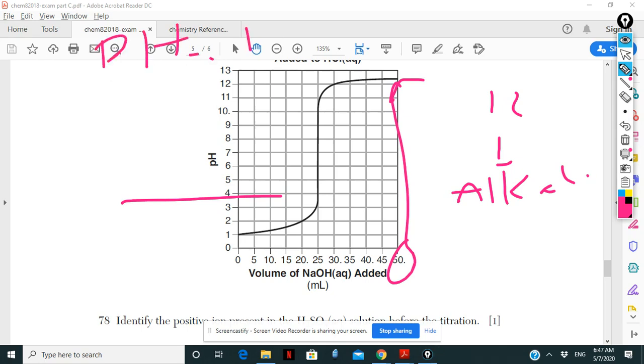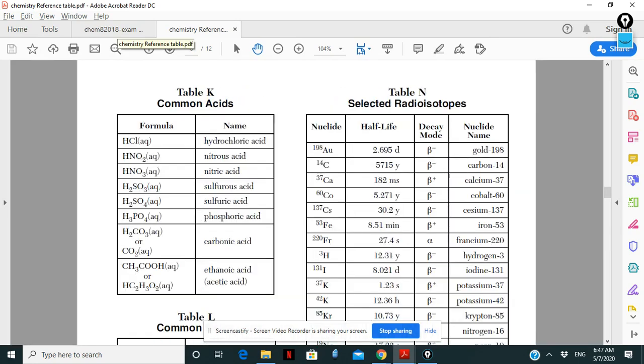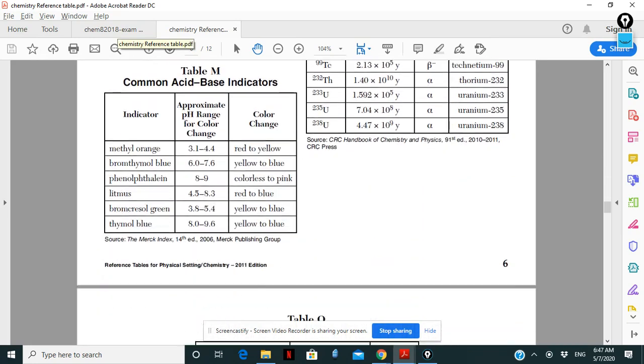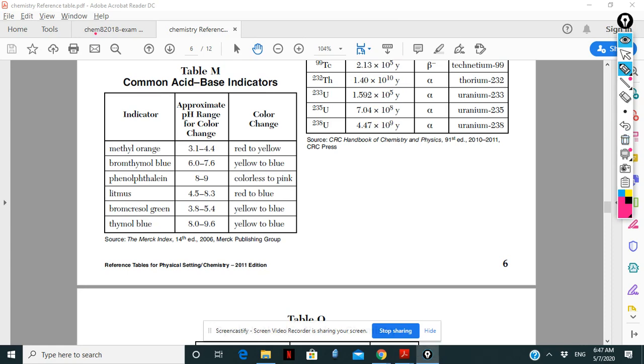I go to the reference sheet for the indicator. Phenolphthalein: if it's more than 9, it's going to be pink. So the color is pink.